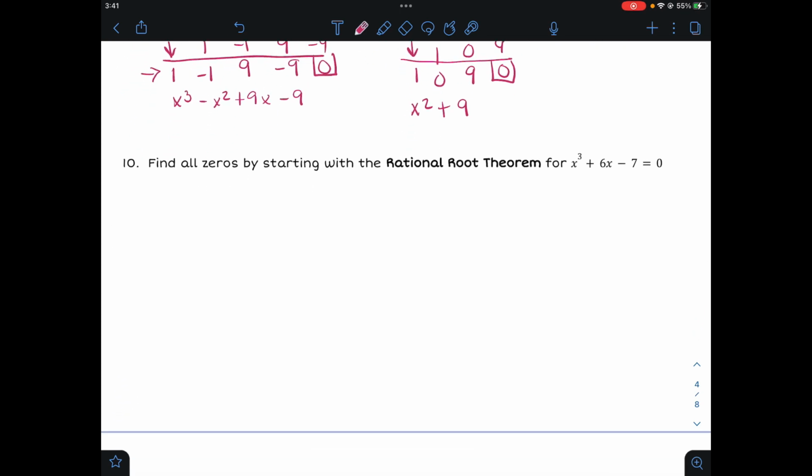Now, the final one I'm going to talk about is number 10. We're finding all the zeros starting with the rational root theorem. So we have something to the third power, and that is going to give us 3 roots. Now, when we have 3 terms, you can think about special products or just traditional methods of factoring. Traditional method meaning that you would factor x and x, and you would think of 7 and 1.